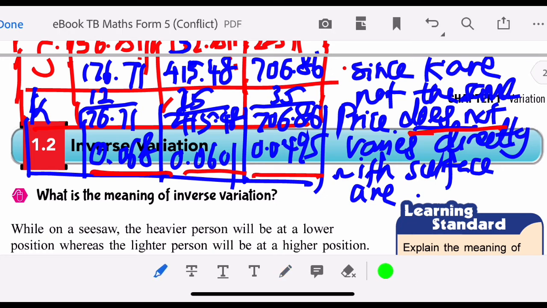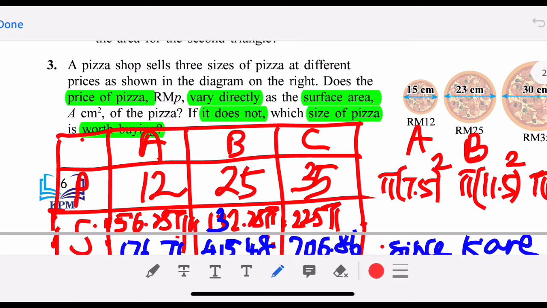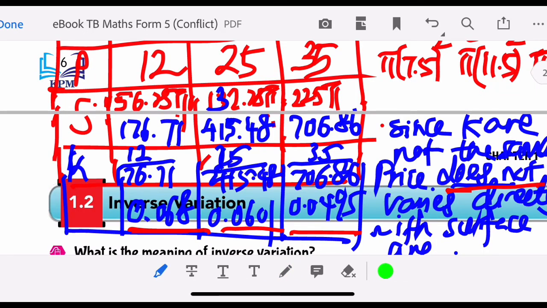Okay, understand? So hence our conclusion is we have to justify our answer based on the constant between the surface area and the price of the pizza, right? Okay, so then which one is worth buying?